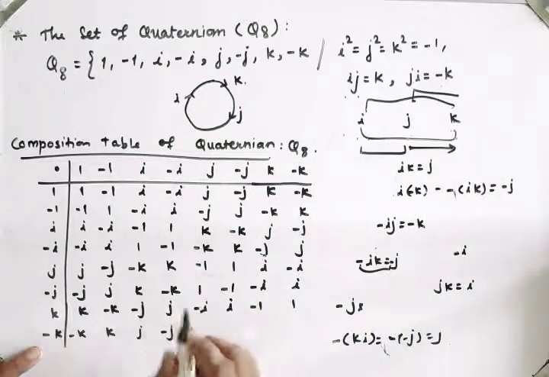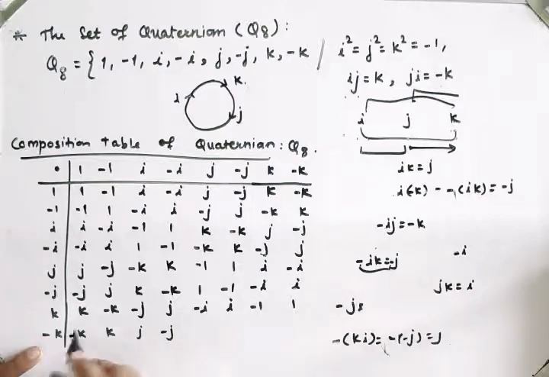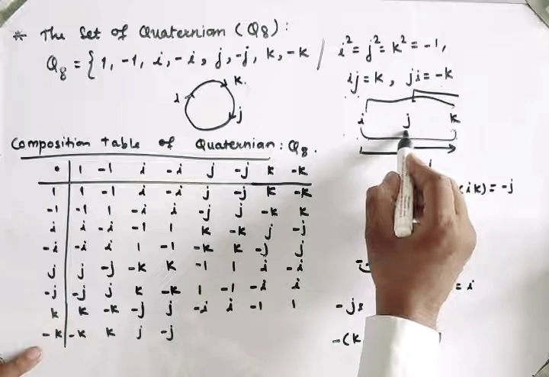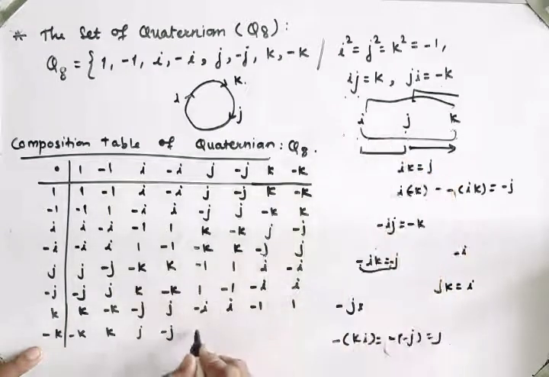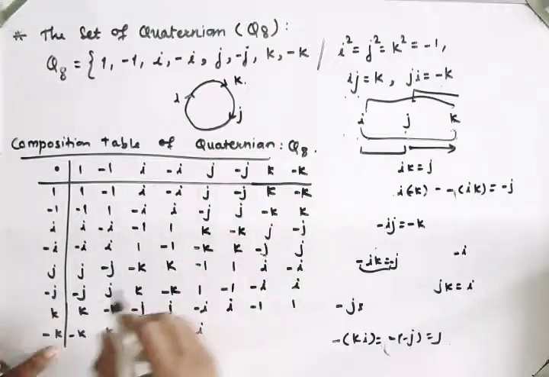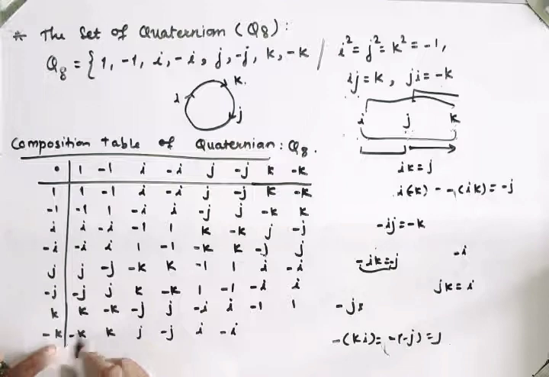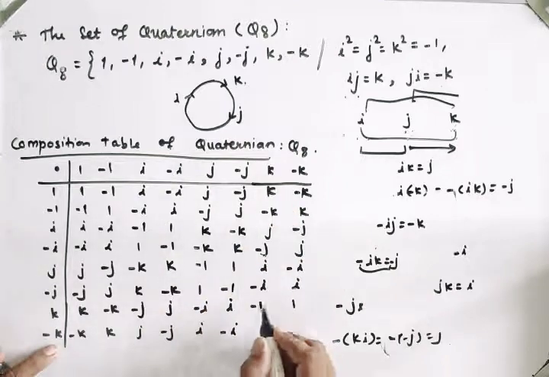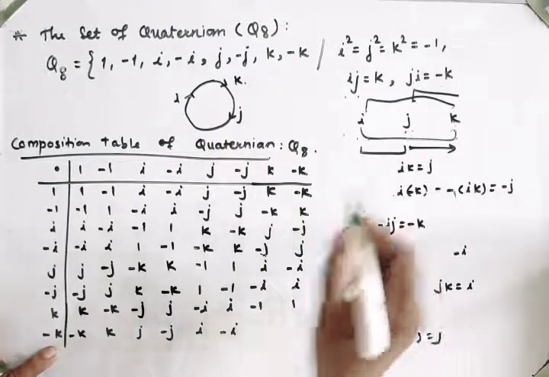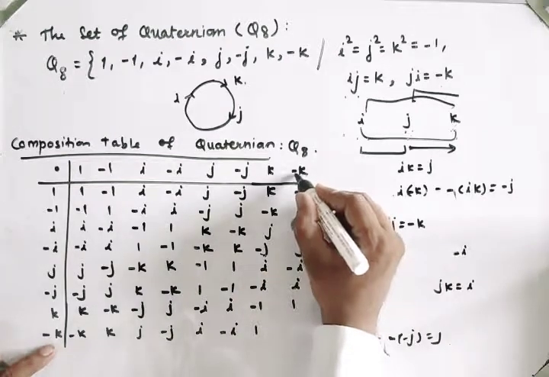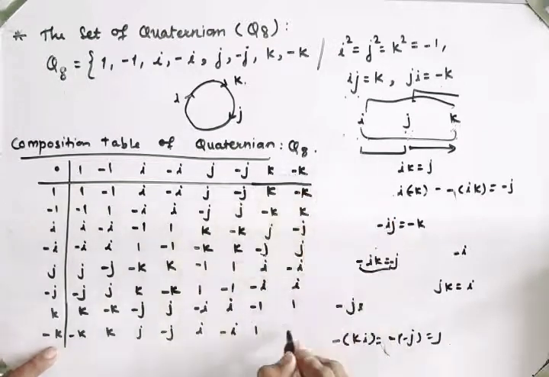Minus k into j, so k into j is the opposite side, minus minus plus, which is i. Minus k into minus j, minus minus plus, k into j is minus i. And last, minus k into k, so k square value will be minus 1, minus minus plus 1. And last minus k into minus k, minus minus plus, k square is minus 1.